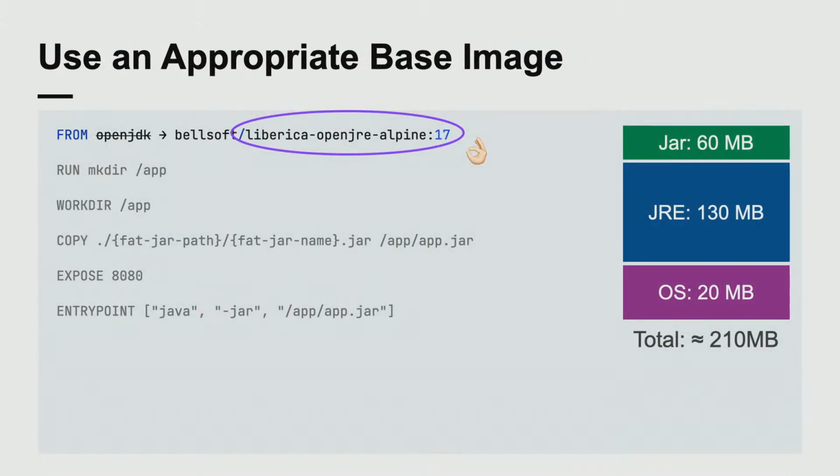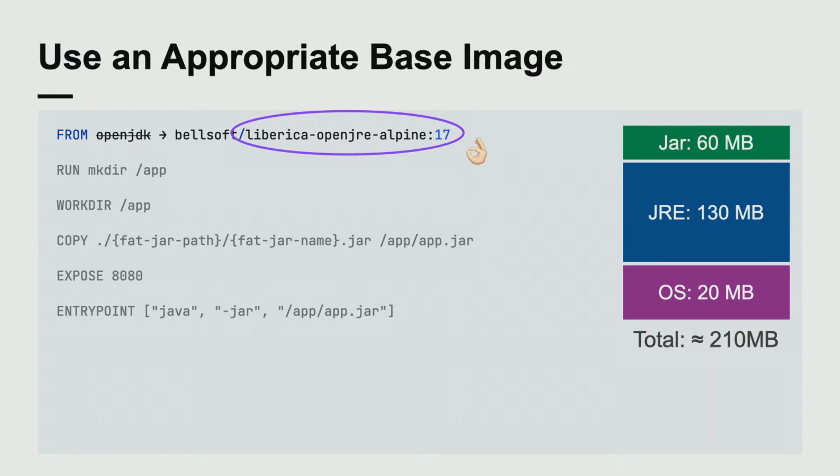So then we know the appropriate base image from Liberica. So we can switch from OpenJDK to the BellSoft Liberica OpenJRE Alpine 17 version as your base image. The other parts of the Dockerfile remain the same. We only need to switch the base image in this example.